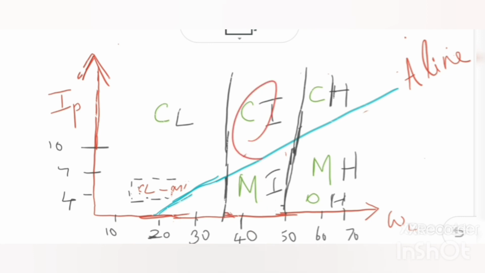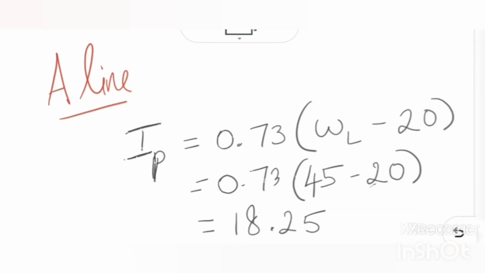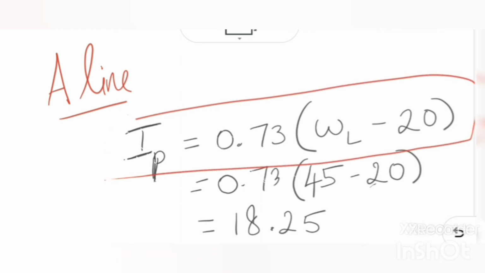Whether it is clay or silt or organic soil, we need to spot the soil if it is above A line or below A line. So for that we need to find two different IPs, A line IP and our soil IP. To locate A line, we need to use this IP equation.